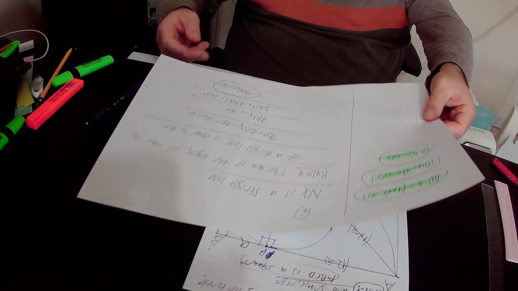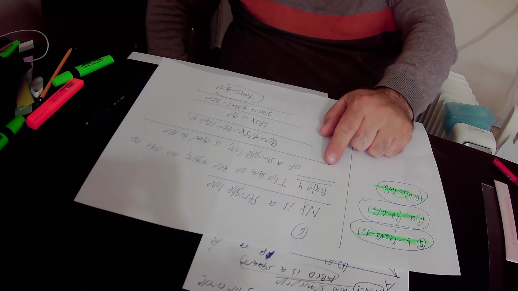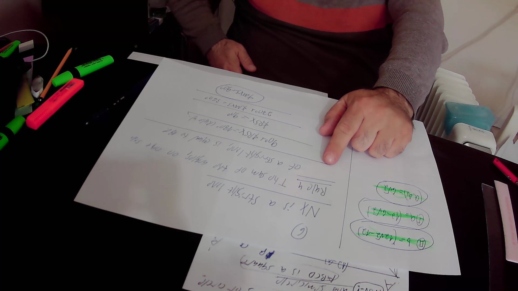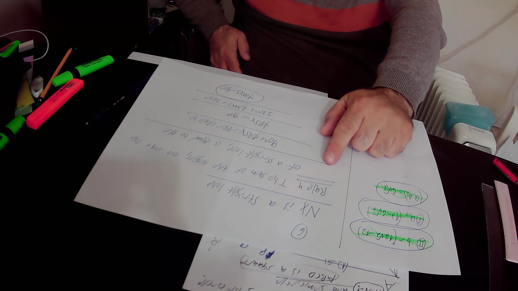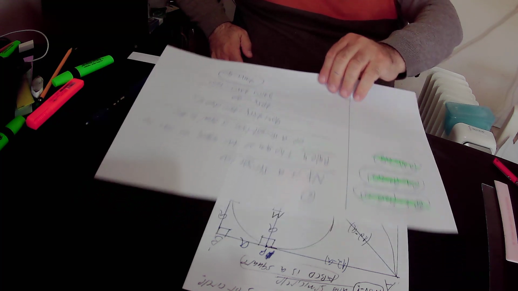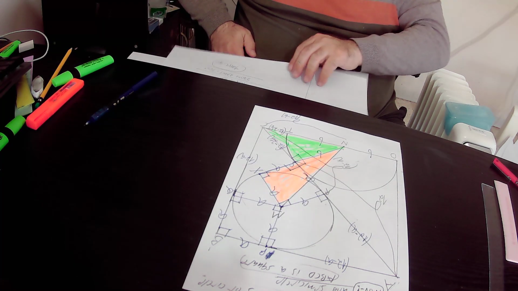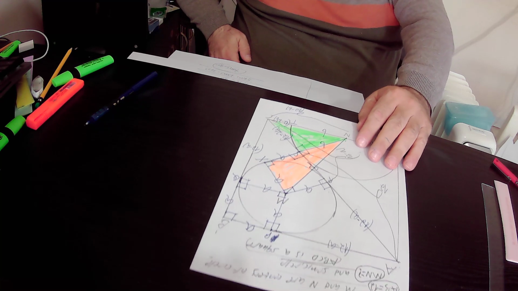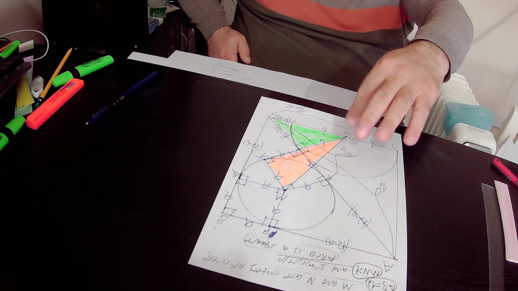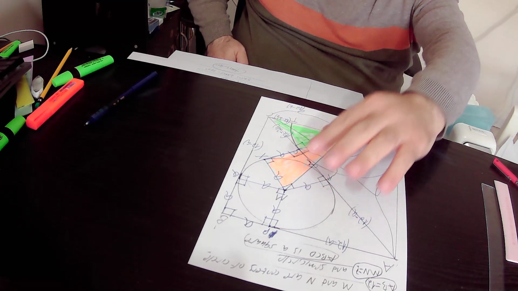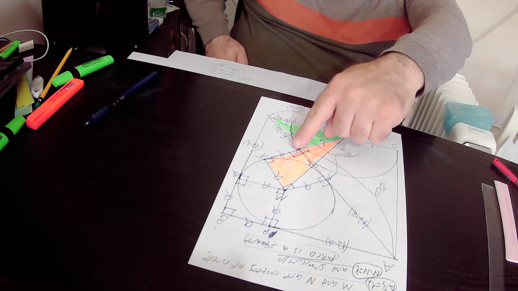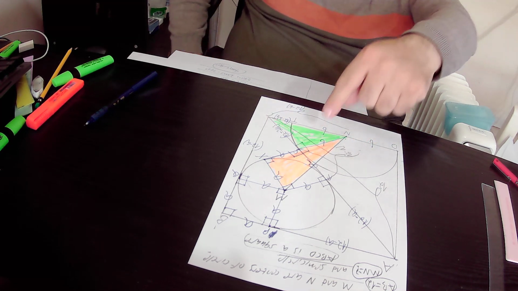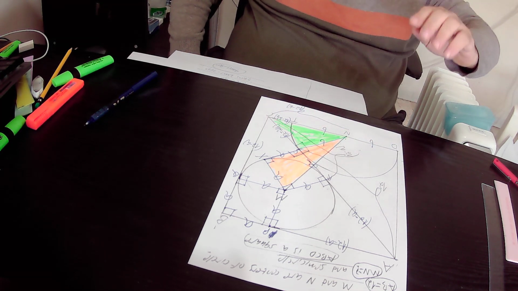NX is a straight line, and we have rule number 4 that states that the sum of the angles on one side of a straight line is equal to 180 degrees. So if we focus on this side of the straight line NX at point S, then the sum of the angles at this point must be equal to 180 degrees.